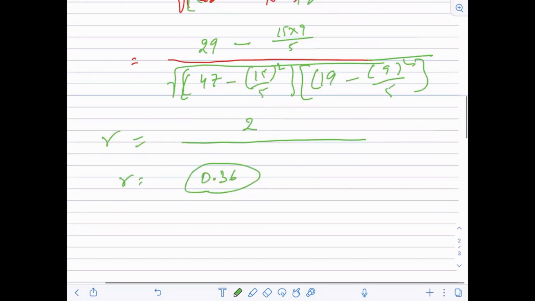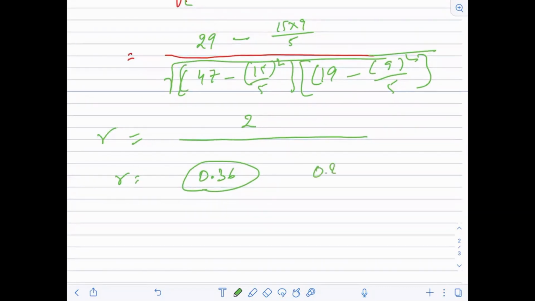So correlation is 0.3, right? I found another. What did you find? 0.84. Oh, really? Maybe another student will tell me 0.84. Let's see the comparison. Remember that you have to do this: 47 minus, first you calculate 15 multiplied by 15 divided by 5. And then there is also a square root. Don't forget to calculate the square root also. First you solve the inside equation and then you calculate the square root.